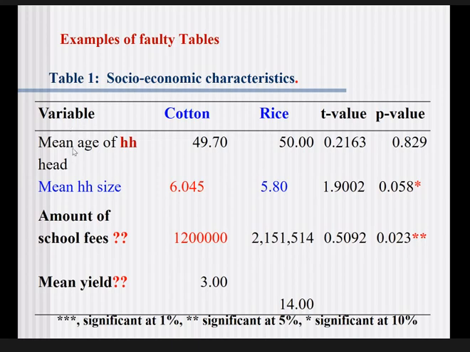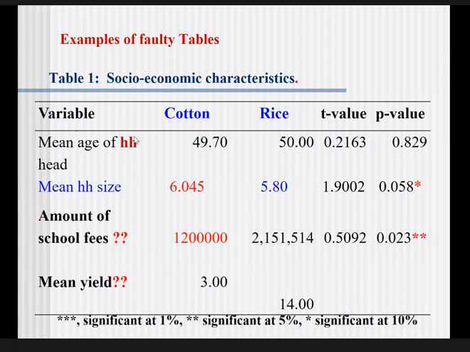Fault number 3, these are row descriptors, and these are column descriptors. Now, you see in this descriptor, mean age of HH, what does HH mean? This is an abbreviation you have created yourself to mean household, but it is a non-standard abbreviation, so it will not be understood by some readers.